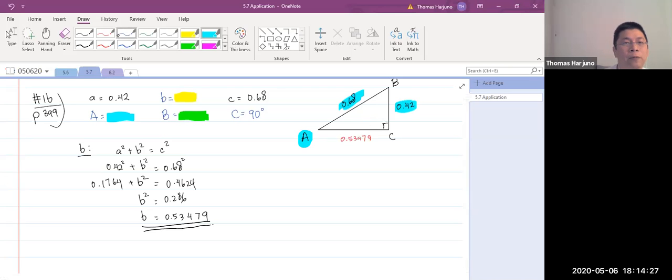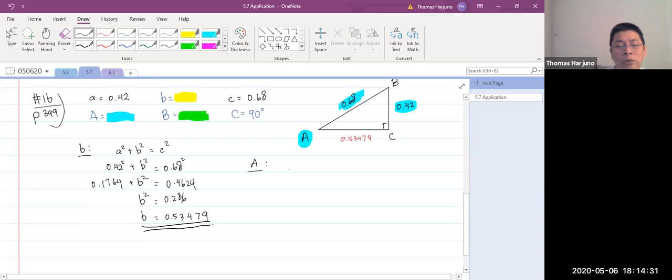Now, to find angle A, what relates those is sine A equals A over C. Sine A equals 0.42 over 0.68.